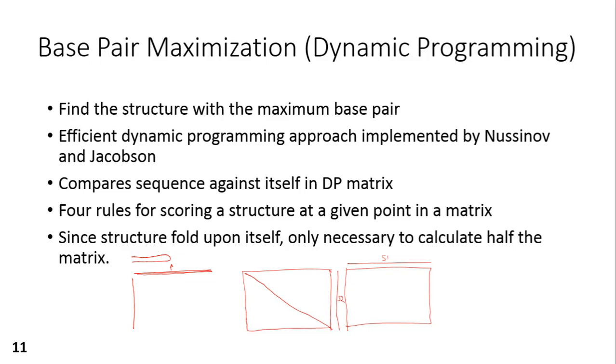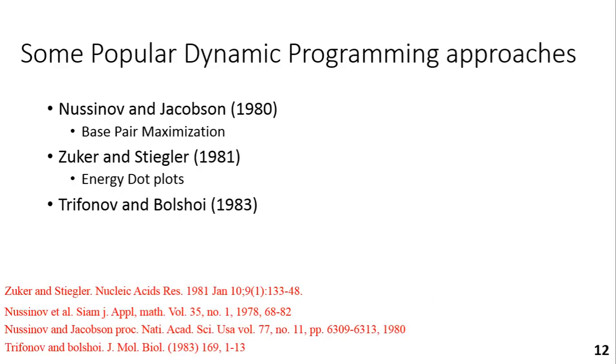Okay, when you try to create the secondary structure from the primary structure of the given RNA sequence using a dynamic programming implementation method like base pair maximization. Okay, so let us move on. There are some popular dynamic programming approaches that are described.